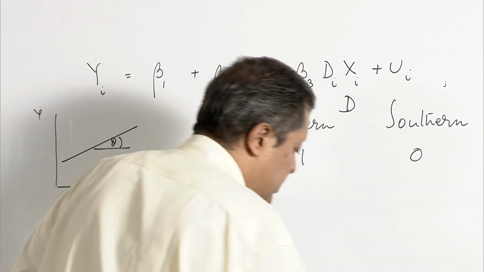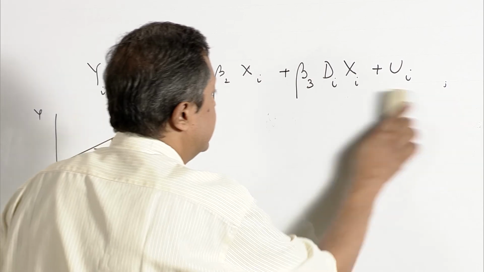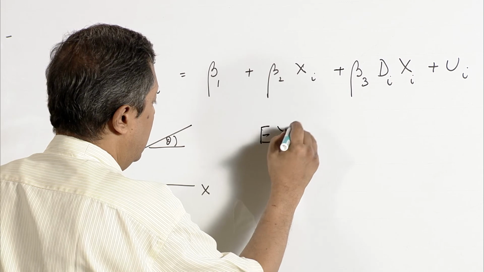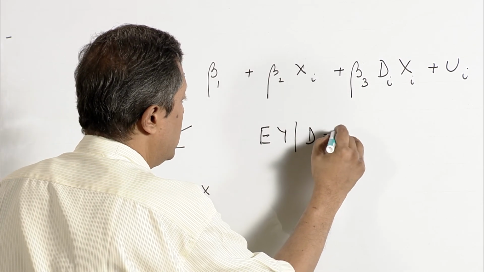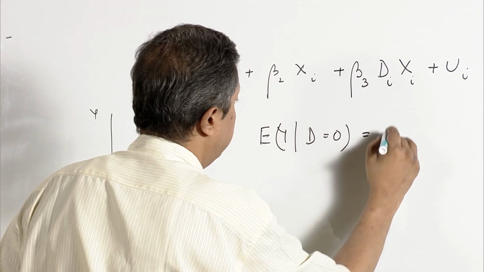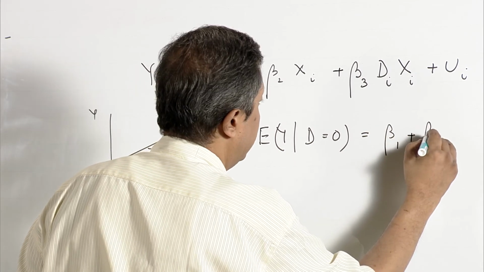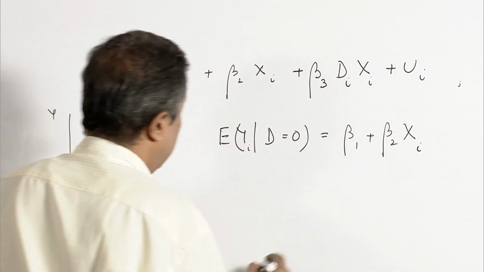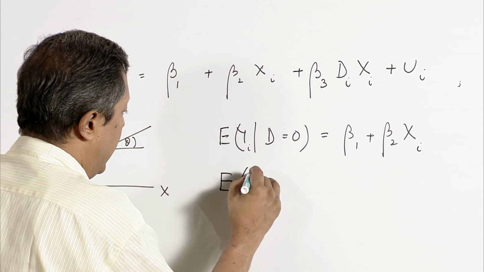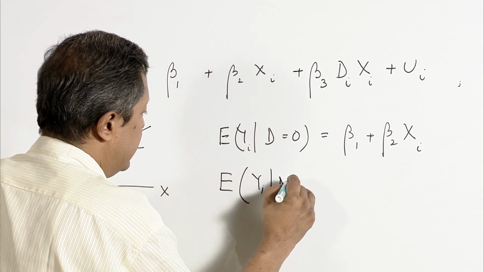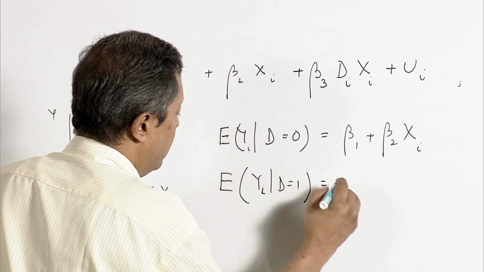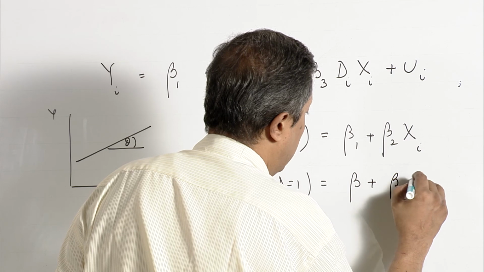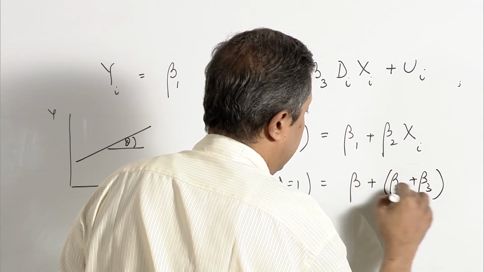So, what do we make of this model? We say that expectation of y when D is equal to 0, that is beta 1 plus beta 2 xi, and expectation of yi when D is equal to 1, that would be beta 1 plus beta 2 plus beta 3 xi.